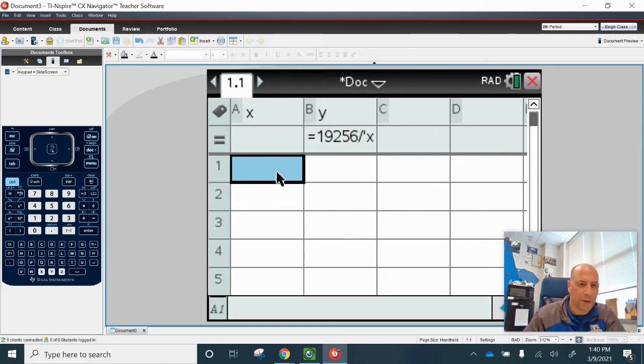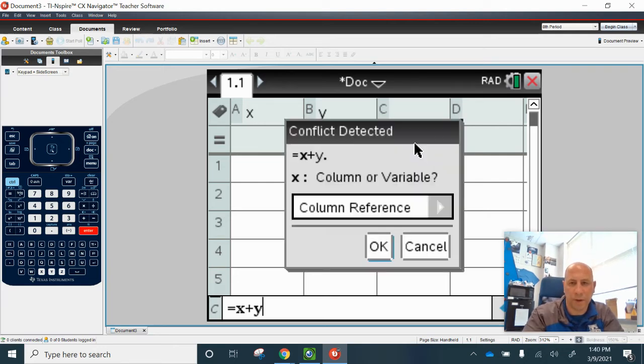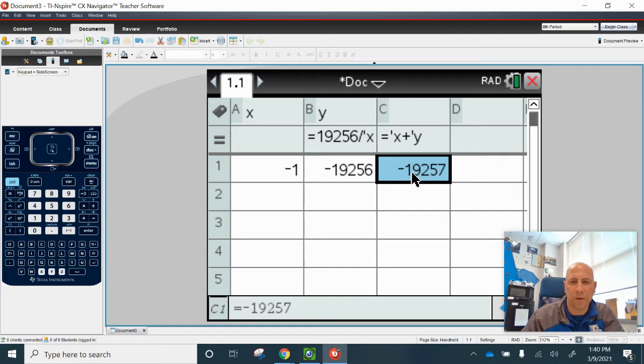So now we know that when X is negative 1, this is negative. And then what we want to do is X plus Y, because we want them to combine to be negative 315. Again, we want a variable reference, press OK, and variable reference again, press OK. Now, that didn't combine to be negative 315, so we're going to keep going.